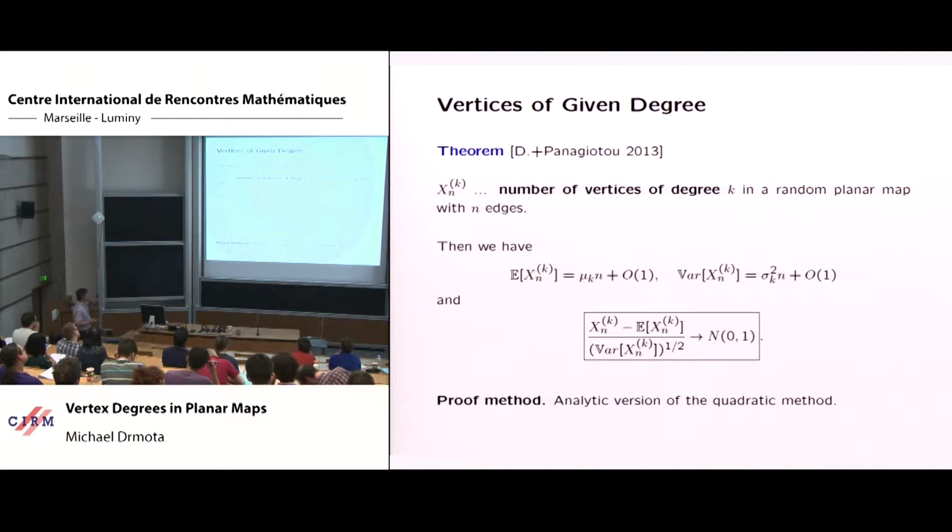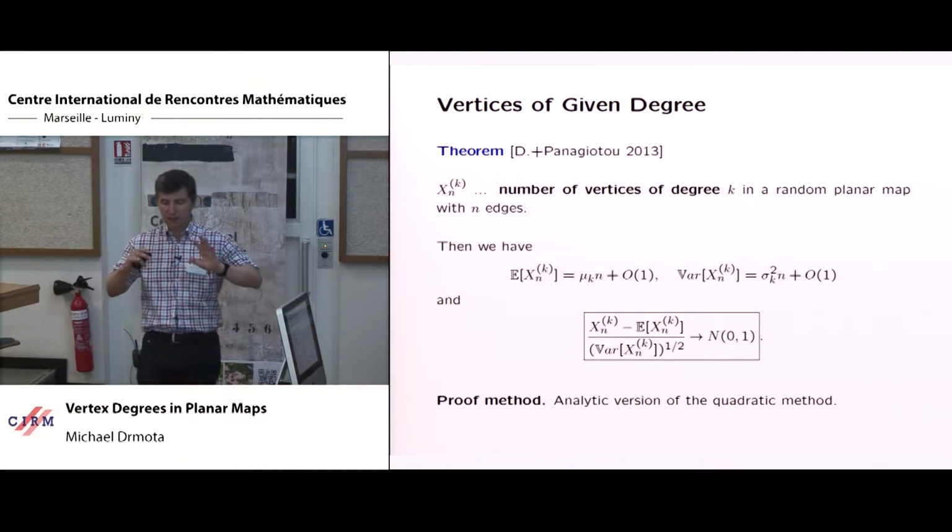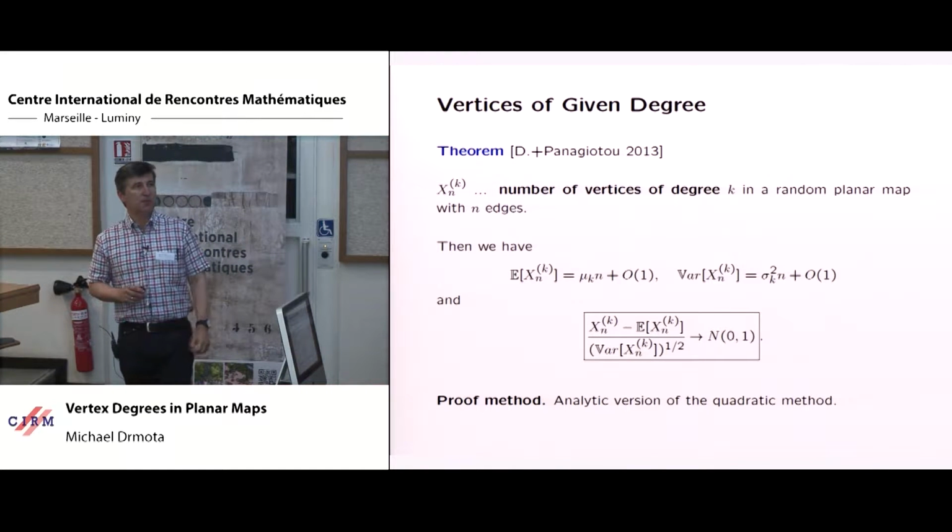It turned out that it's not an easy question to consider more precise statistics on the number of vertices of degree k in a random planar map with n edges. But a few years ago, together with Panagiotis, we extended the quadratic method, which is more or less a counting method, to an analytic version. We perturbed it a little, and could show that the analytic structure was very similar with this perturbation.